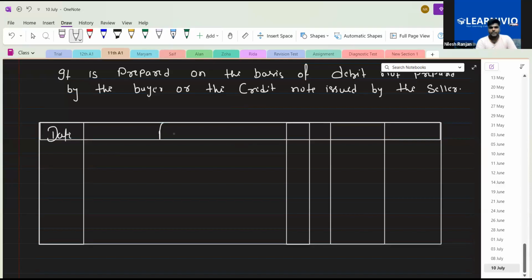So date, particular. This is the debit note number. And here it is LF. Again, detail and amount. So this is our format of purchase return book.